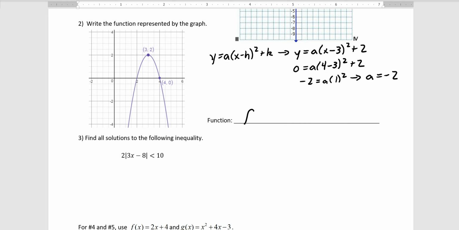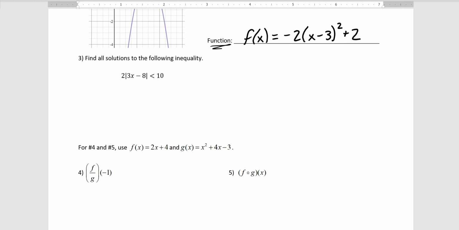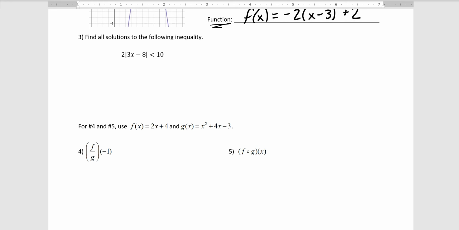So my function would be f of x equals -2 times x minus 3 squared plus 2. And there we go. If you put y, I'm sure that's fine. They did specifically ask for a function, so when that's the case, I would recommend writing it in function notation, just to show that.